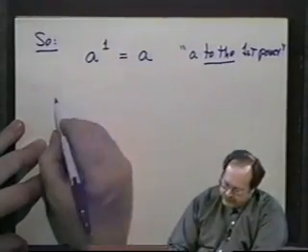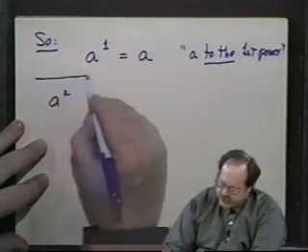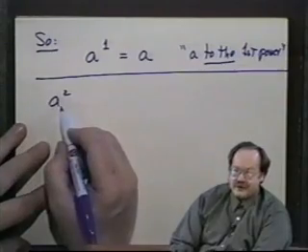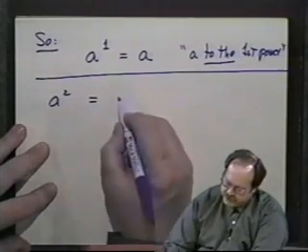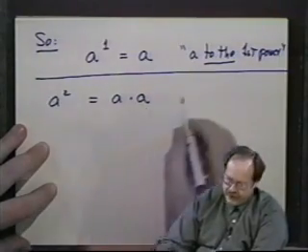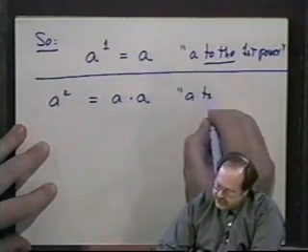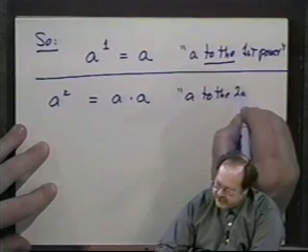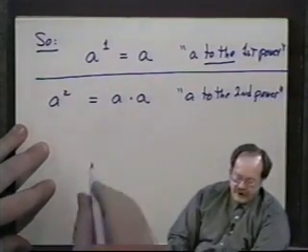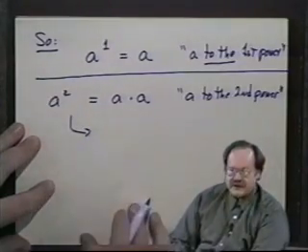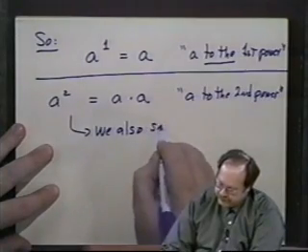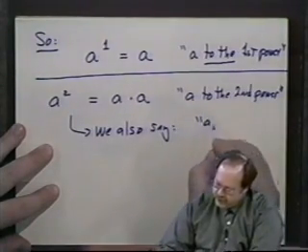Okay, let's go on. A squared. Whoops, I just said something I need to explain. I should say A to the 2 power. A to the 2 power is simply A times A. There are two A's there. And so we can say A to the second power. But as you heard me say just a moment ago, we also say A squared.